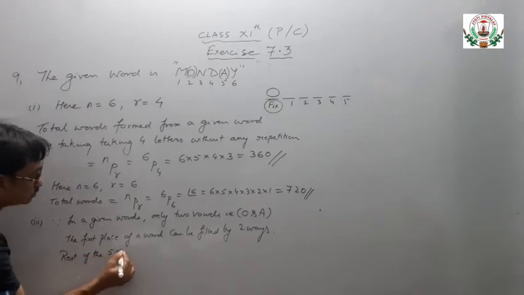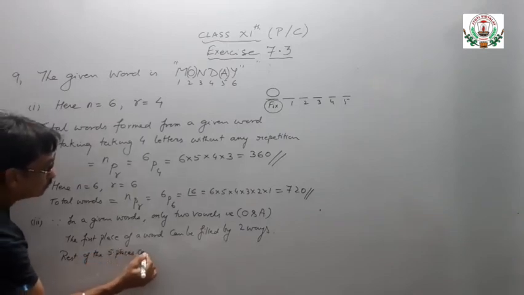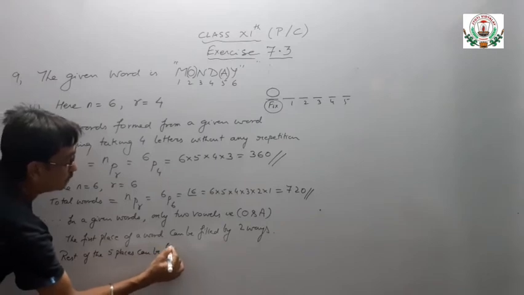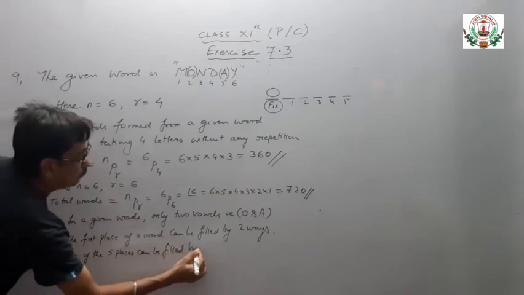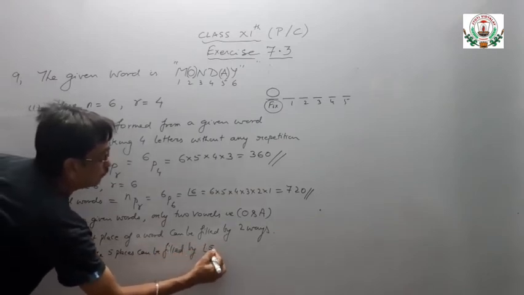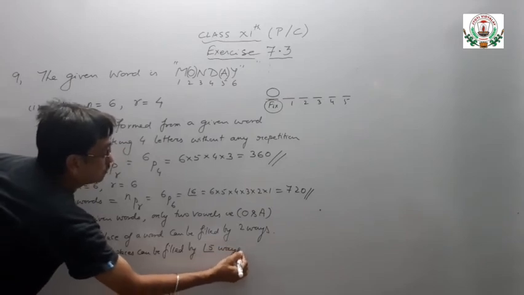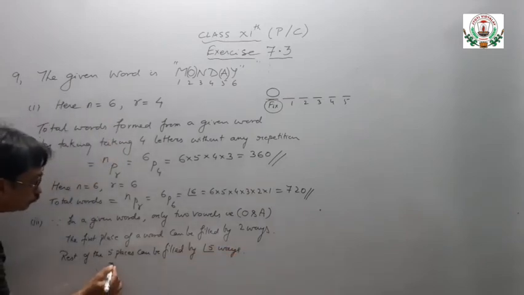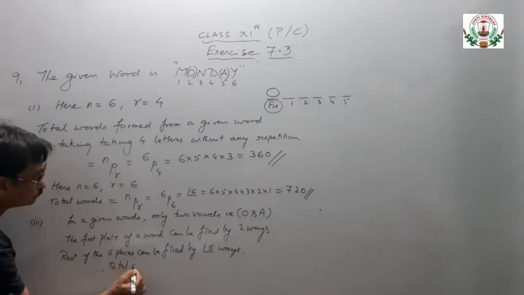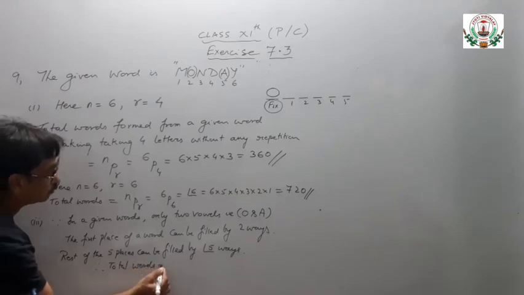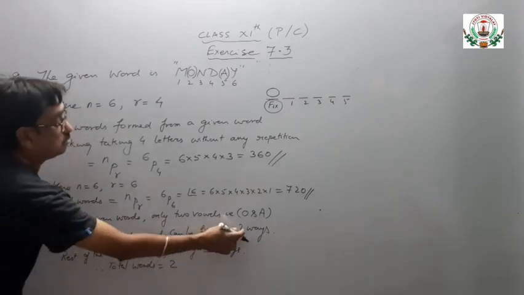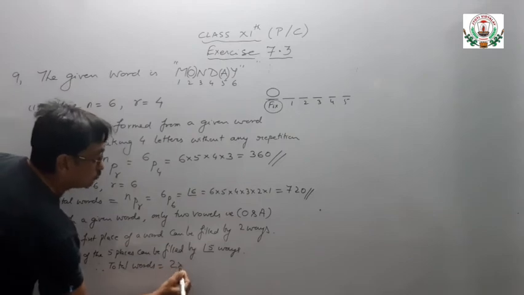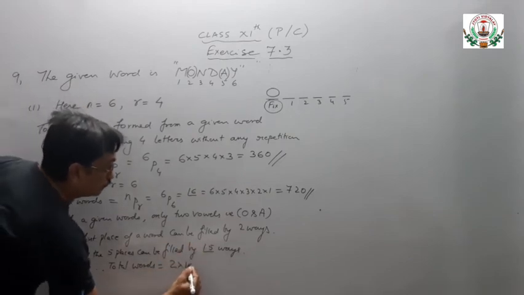Therefore total words formed equal the first work, 2 ways, into the second work, factorial 5 ways.